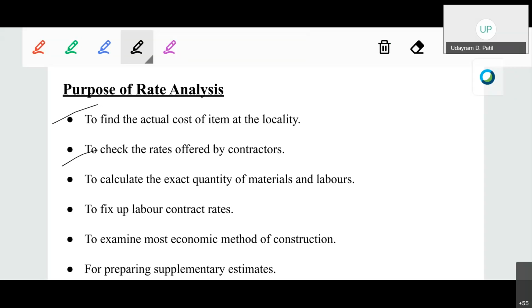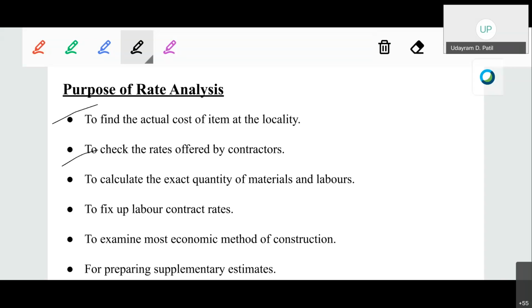Or suppose in some cases the rate is higher than the DSR. So in the particular locality where it is higher than the DSR rate, again I have to calculate the rate so that I can verify the rates given by the contractor, whether he is bidding a higher price than the calculated rate, or a lower price than the calculated rate.